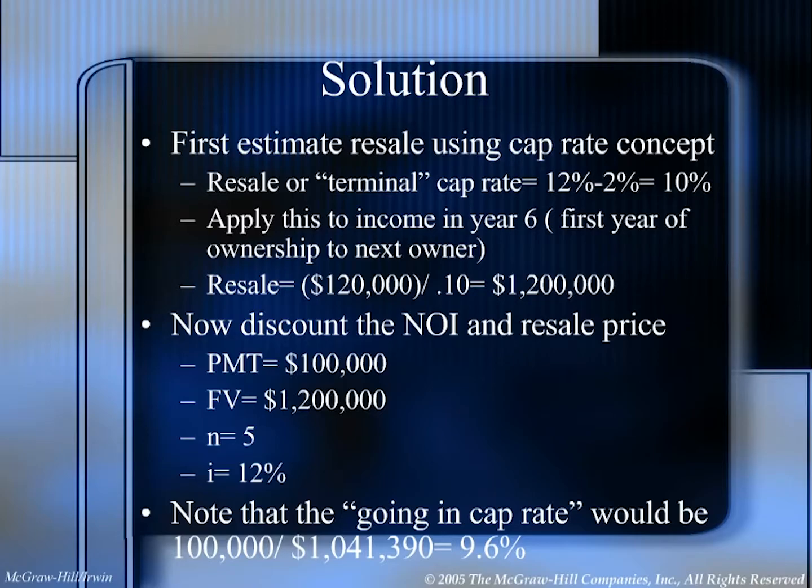The interest rate, the required return we need, is 12%, and we can just compute the present value, and it comes out to be, you'll see that bottom number down there, $1,041,390. Okay? And if we were using that number to say, well, what's the going-in cap rate, the capitalization rate on this property, I would say, well, it's next year's NOI, $100,000, divided by the value of the property, the $1,041,390, which is 9.6%.